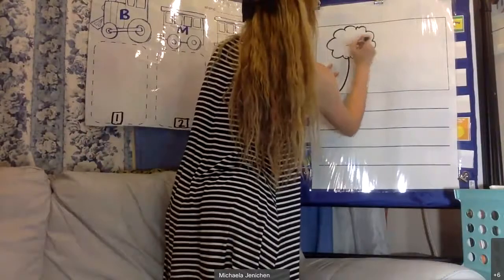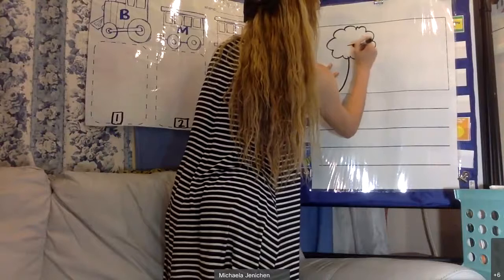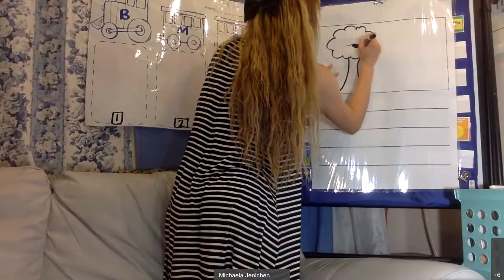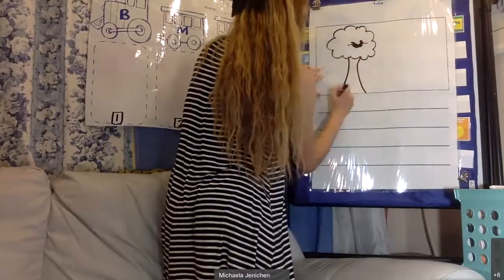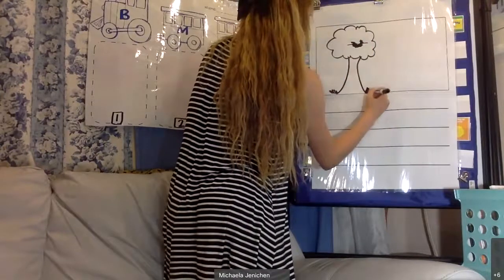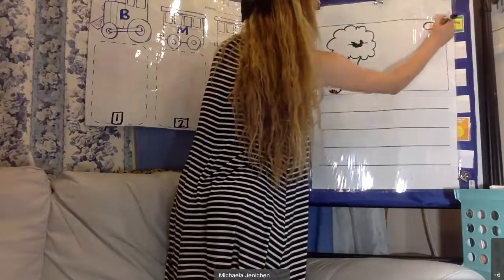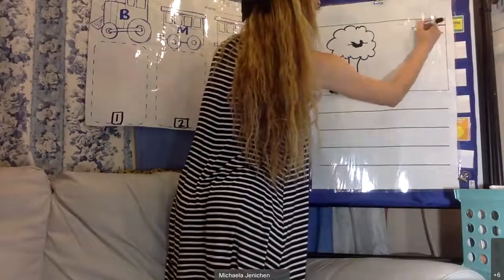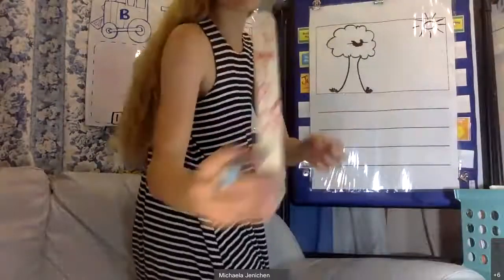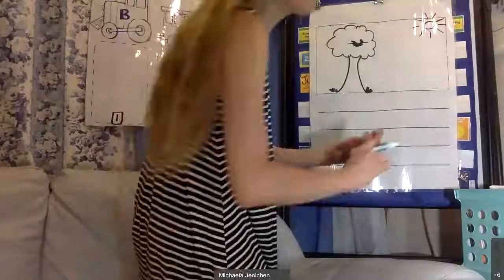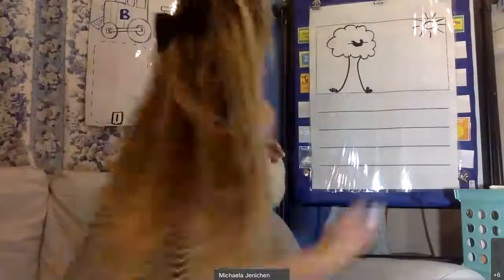Maybe I make a branch. Yeah. Maybe some grass. Maybe you have a sun. That tells you where or when it is, right? When we have a sun or a moon, maybe it's nighttime for you and it's an owl's nest. You could do that if you want to.